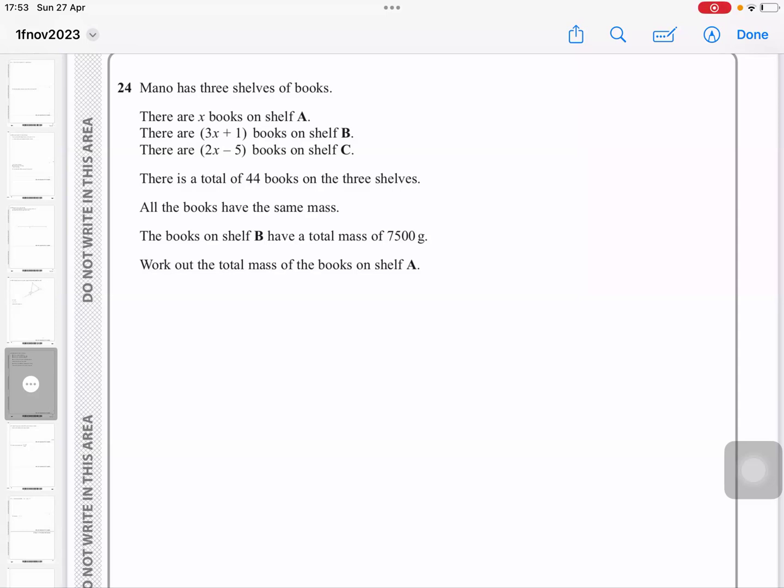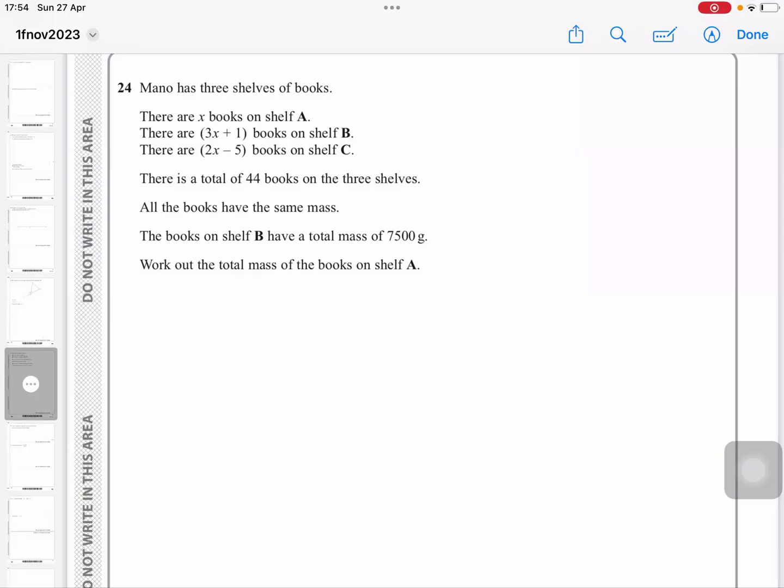So we're going to have X plus 3X plus 1, plus, sorry, what's the last one?